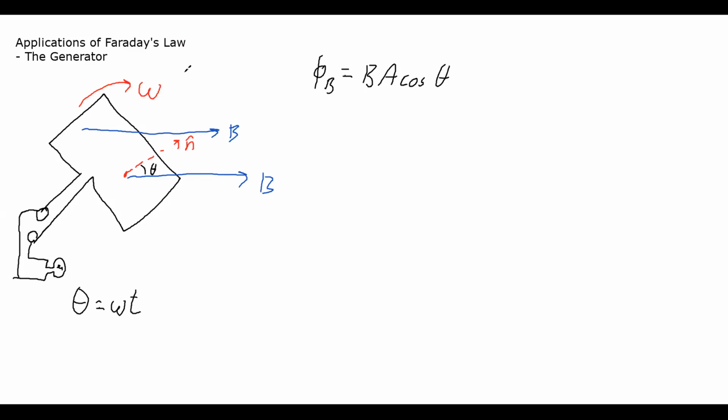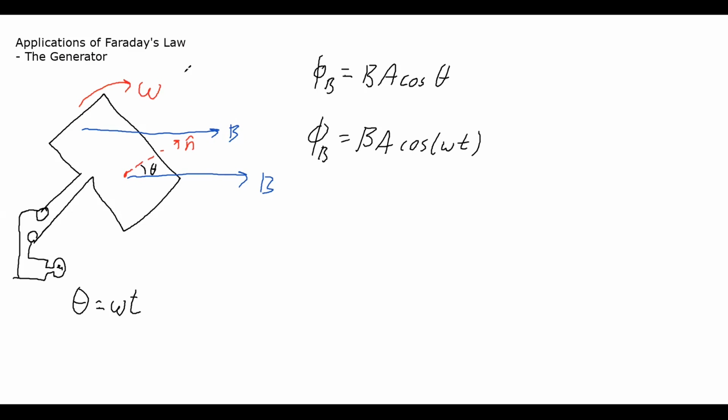This is going way back to when you were looking at rotational motion, but you could figure out that angle if we know the angular velocity and the time, assuming that theta was 0 to begin with. So if our initial angle is 0, then I could replace the cosine theta with cosine omega t.